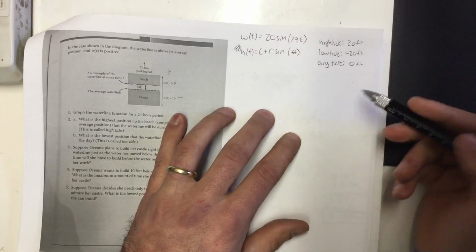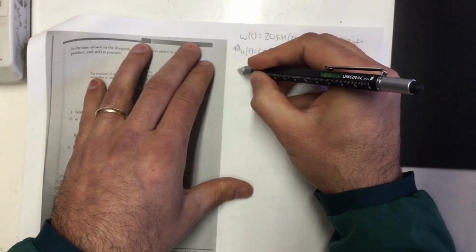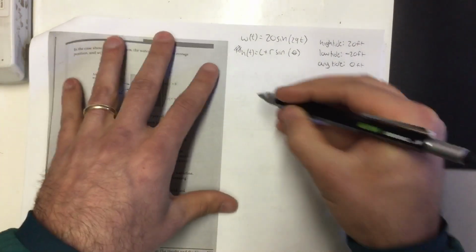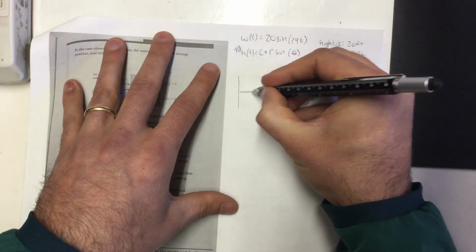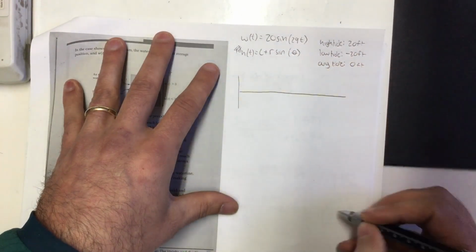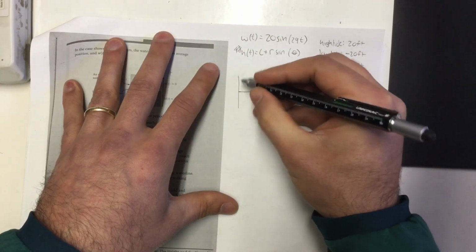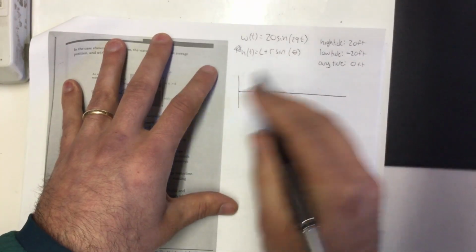Okay, with this information, that's actually enough to get us started to graph this. It said to graph the waterline function for a 24-hour period. So let's go from, we'll just draw a big old long line. We know that, let's see, this is going to be our graph.